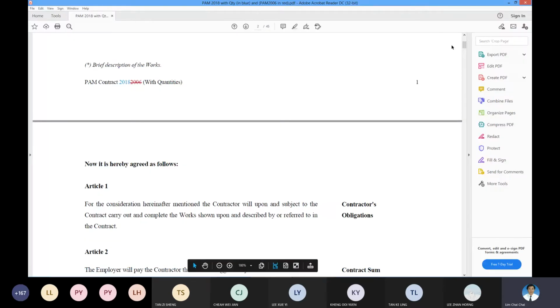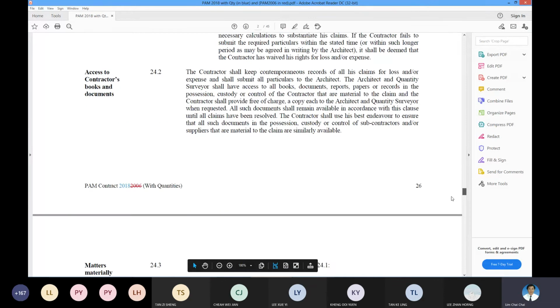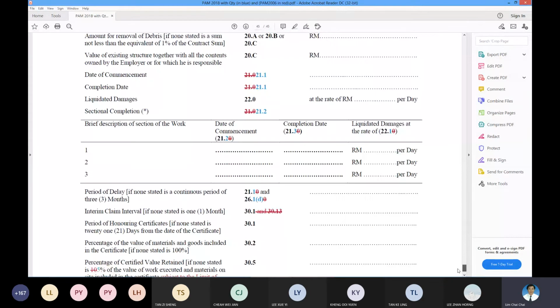That means under your PEM, it will be written here. Date of commencement, date of completion if it is only one phase. If there are many phases, then you have it here. Different commencement, different completion. This one you have your different phase.